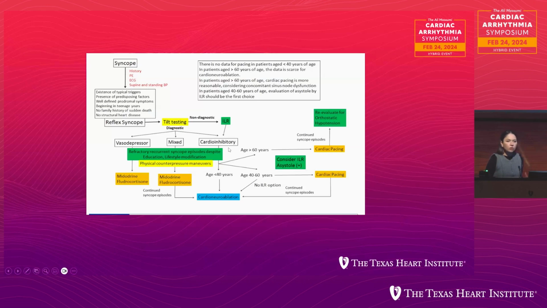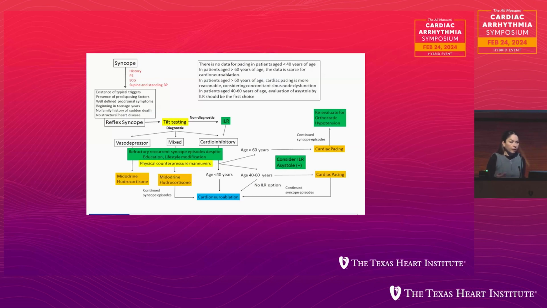So this is kind of on that patient population, younger patients, those are the ones that are going to benefit from this type of therapy. Then we have the age group of more than 60 years old. You kind of have to assume that there's already some fibrosis, some dysfunction of their conduction system. So those wouldn't be good candidates.